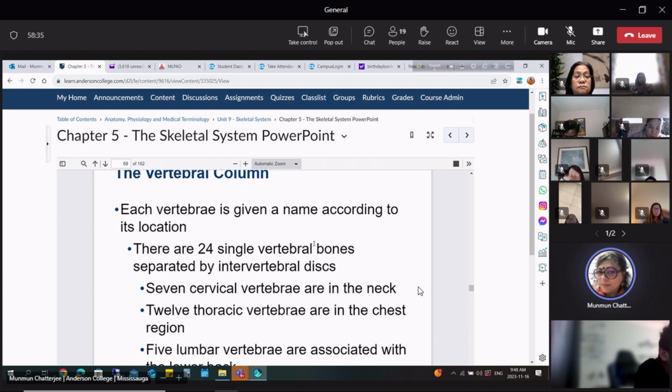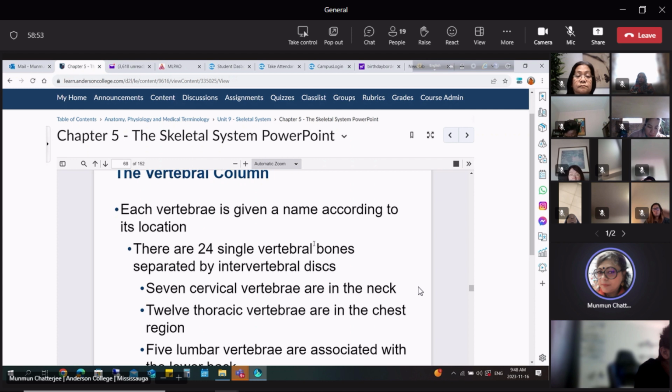So what are they? We have 7 cervical vertebrae in the neck region. We call them C vertebrae, named C1 to C7.